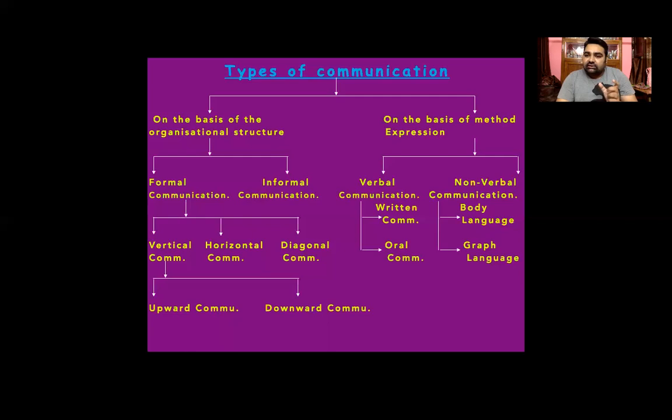In verbal communication, there are two types. The first one is written communication: if we communicate our thoughts or ideas by writing, it is known as written communication. And if we communicate with the help of speech, orally, then that is known as oral communication.